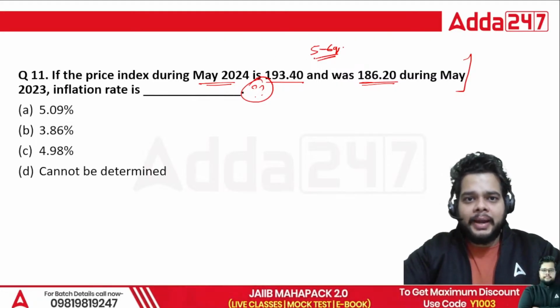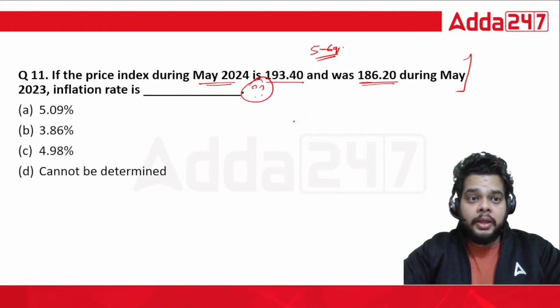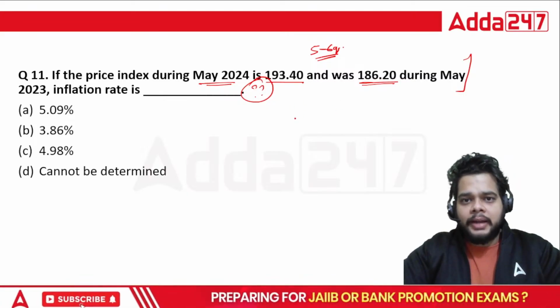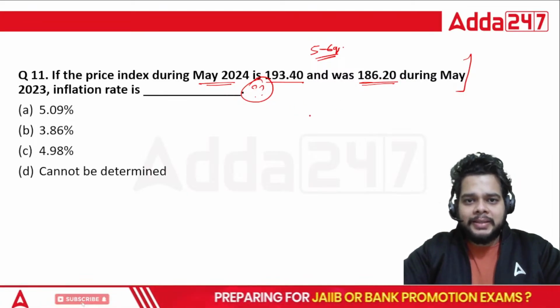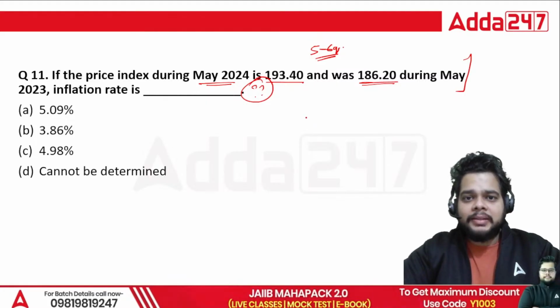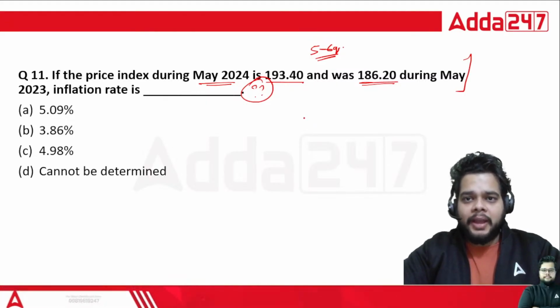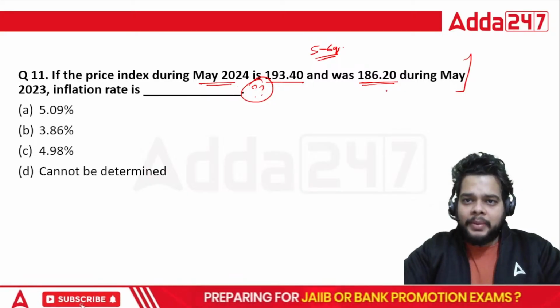So what will be the right answer for this question? It talks about the inflation rate. As you know, inflation rate is nothing but a simple aspect of measuring the sustained price rise over a period of time. Here the time period is 1 year.